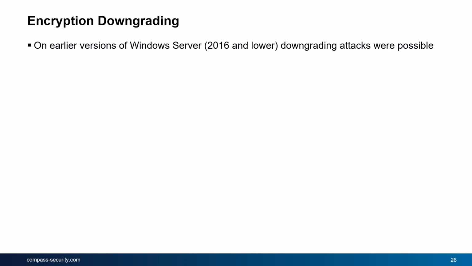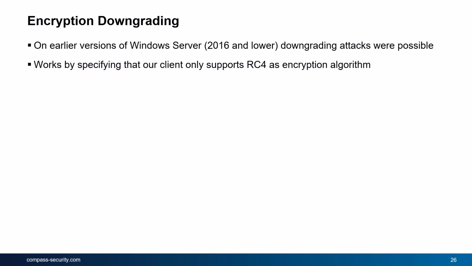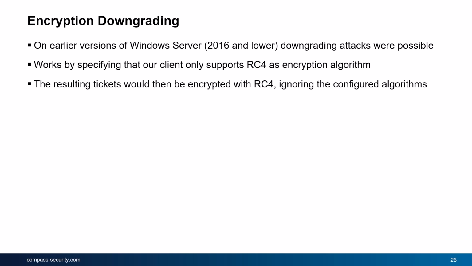Now, in previous versions of Windows, namely Windows Server 2016 and lower, so-called downgrading attacks were possible on the encryption types supported in Kerberos. As a client, you could specify that you only support RC4 as an encryption algorithm, and the KDC would then honor that and return a ticket that was indeed encrypted with RC4 in all cases, ignoring the configuration of the account.